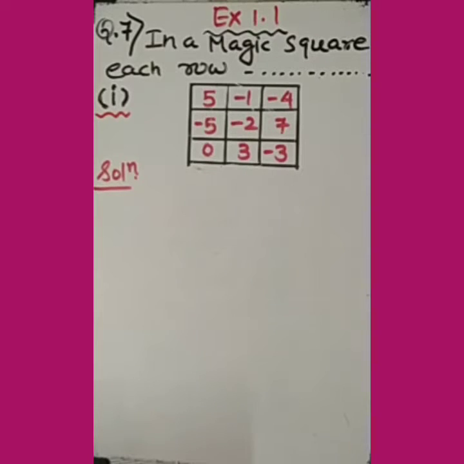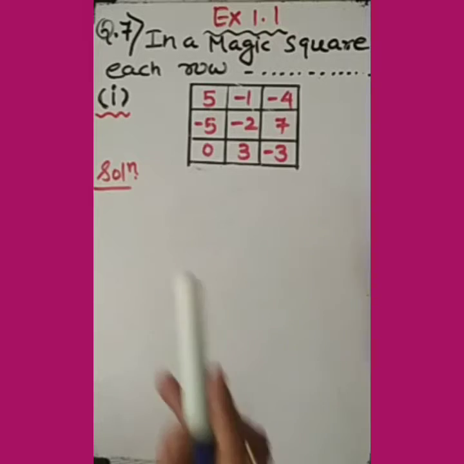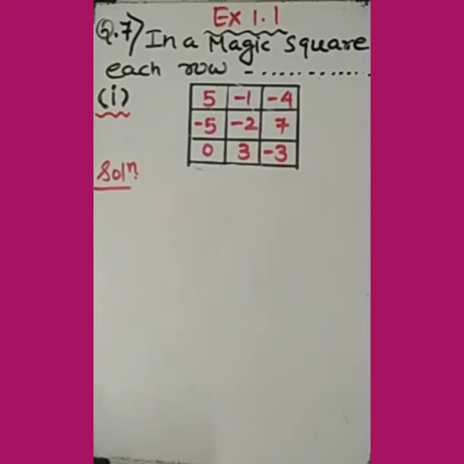Now what we have to do? We have to check whether the following is a magic square or not. We have to declare whether it is a magic square or not. For that, a small procedure we have to apply, and by applying this, your concepts of integers will be thorough. So let's begin.